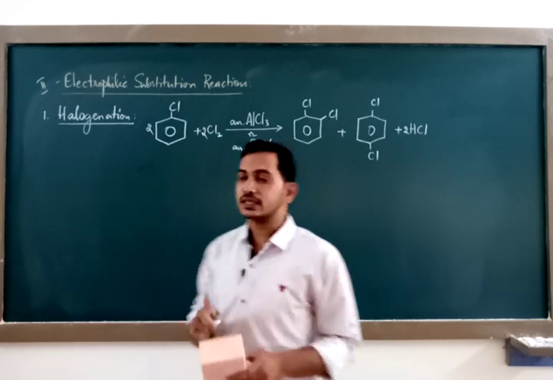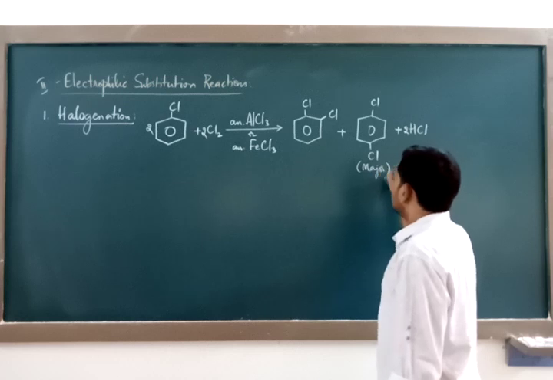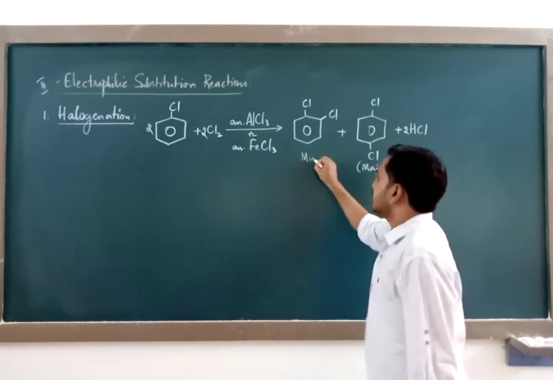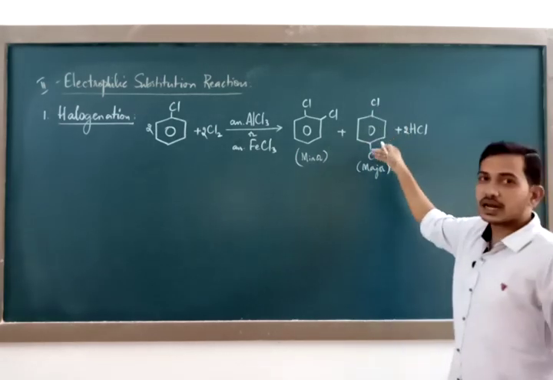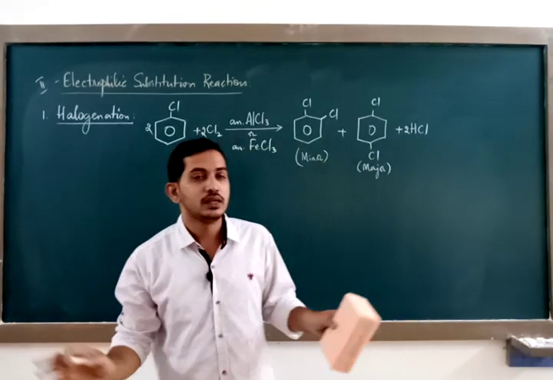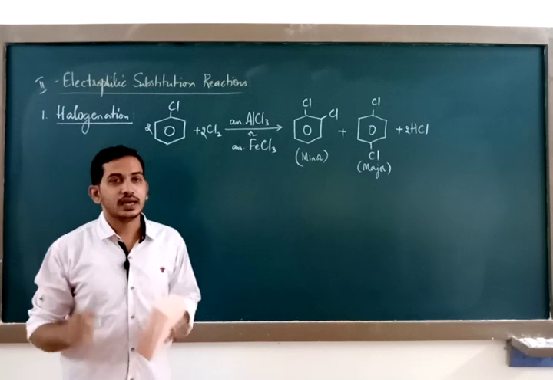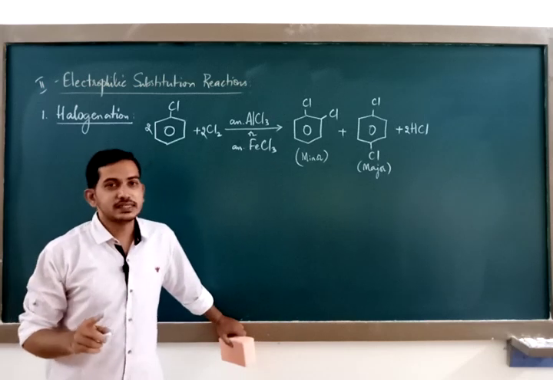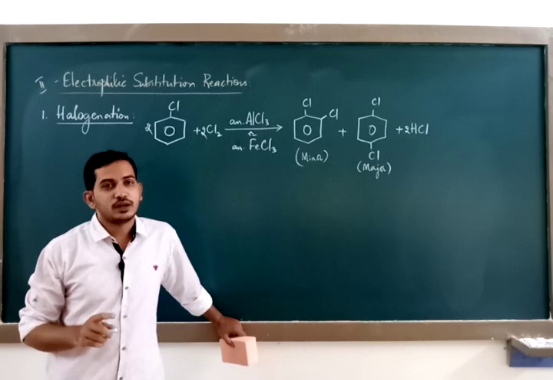For this reason, always para is obtained as a major product and ortho is obtained as a minor product, because in para the 2 groups are as far apart as possible. They are very far. So for this reason, repulsions between them will be minimum. Hence, para product is obtained as a major product and ortho product is obtained as a minor product.